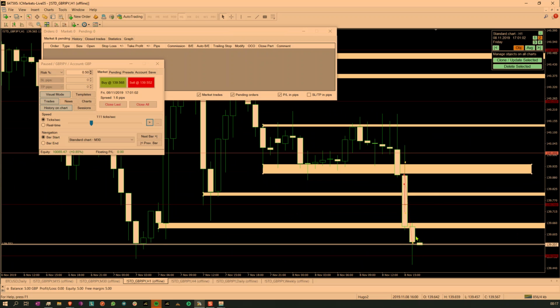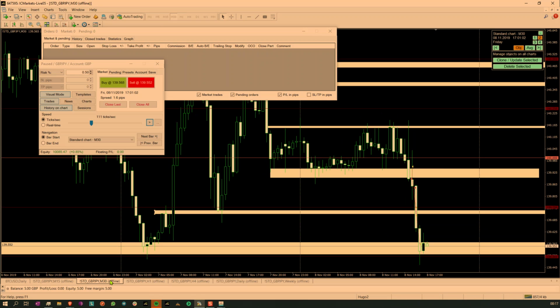So the 1 hour is still closed bearish. Just the 30 minutes closed bullish, and it didn't reach the high at that point. So I don't feel this might be a good trade. This is still New York open.